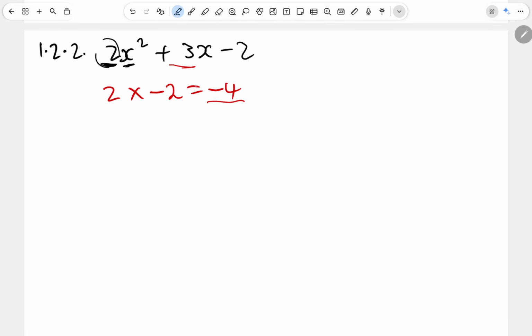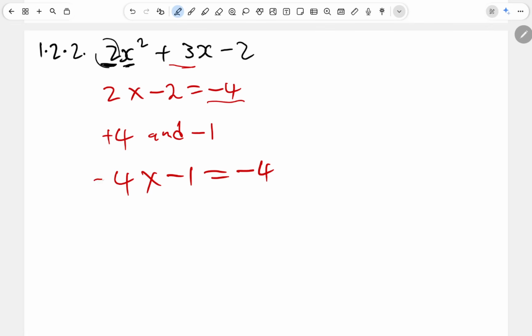Those numbers are positive 4 and negative 1. When you multiply 4 with negative 1, you will get negative 4.